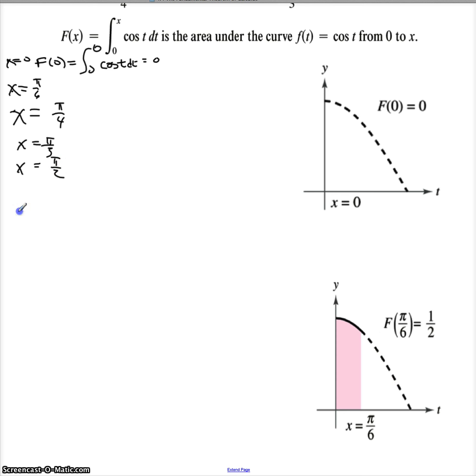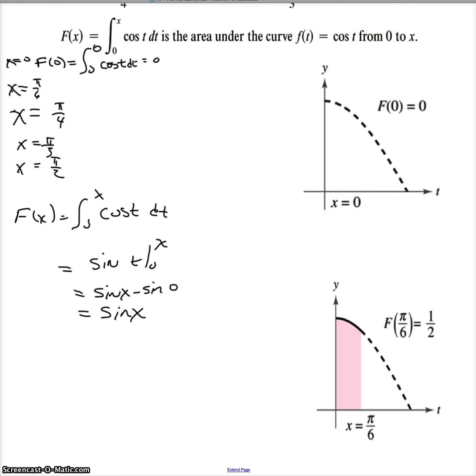Let me go on and do this integral. F of x is the integral from 0 to x of cosine t dt. The integral of cosine is sine of t evaluated at 0 and x. So this is sine of x minus sine of 0, or it's just sine of x.